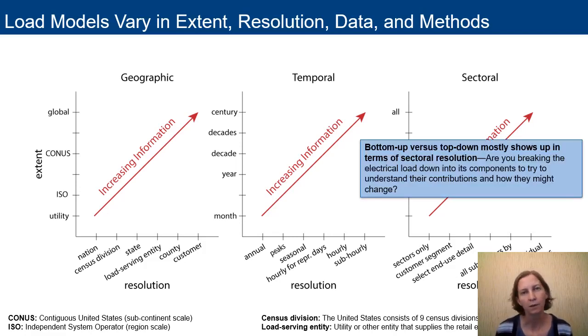And what we were talking about previously with bottom-up versus top-down, that really applies to this sectoral dimension. How much are we breaking down load into its constituent parts? But when we're thinking about data needed and effort needed to do load modeling or load forecasting, how resolved we want to be on the geographic and the temporal scales can be important as well.